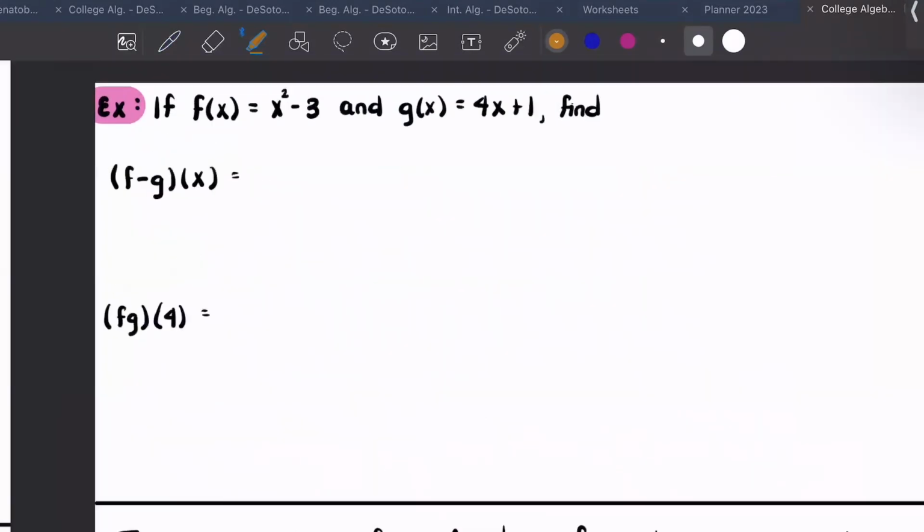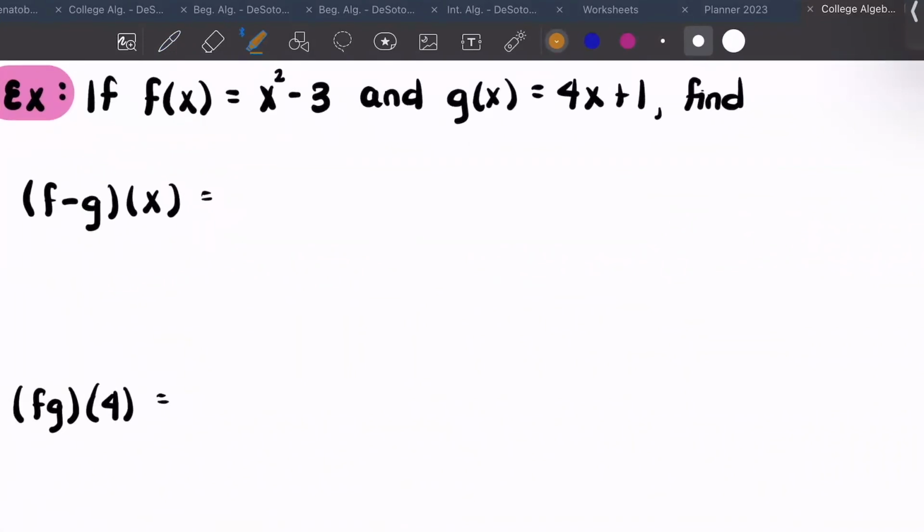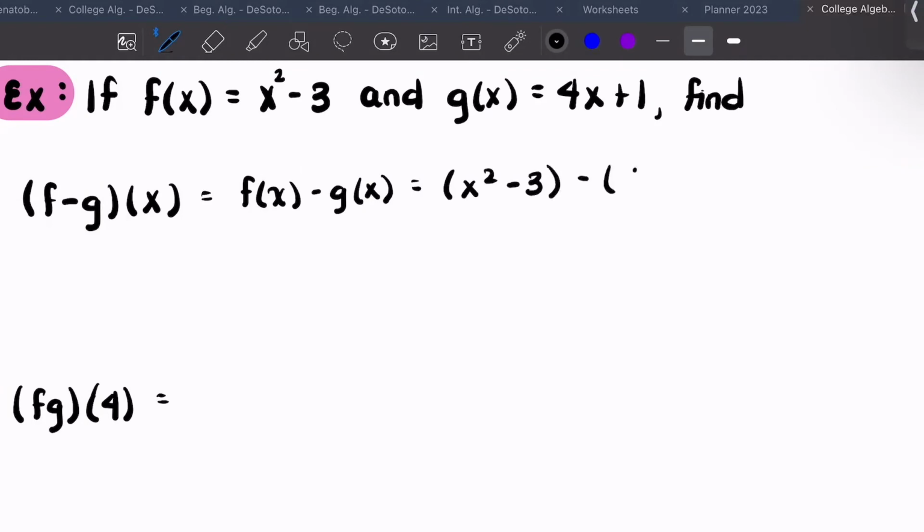Now, let's do something like this. F of x is x squared minus 3. G of x is 4x plus 1. So we would have f of x minus g of x. So we have x squared minus 3 minus 4x plus 1.